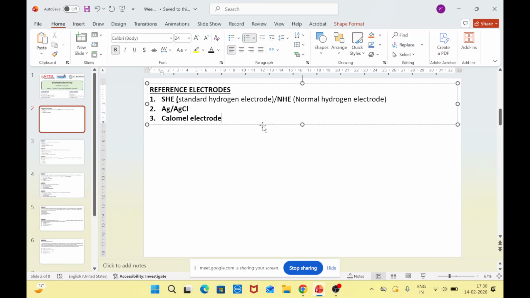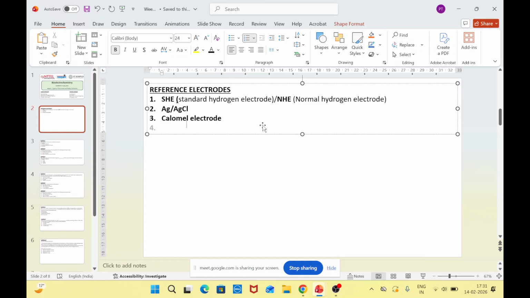So maintaining a continuous flow of hydrogen gas is difficult, and also it is risky because it has the potential to catch fire. There is a fear of a fire hazard. Due to that, the standard hydrogen electrode usually remains as a thermodynamic reference.